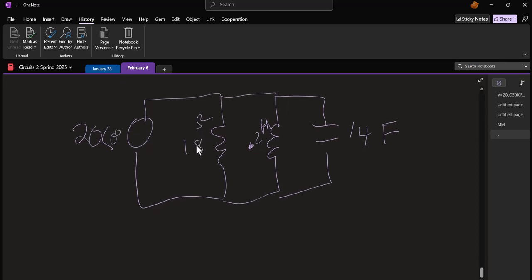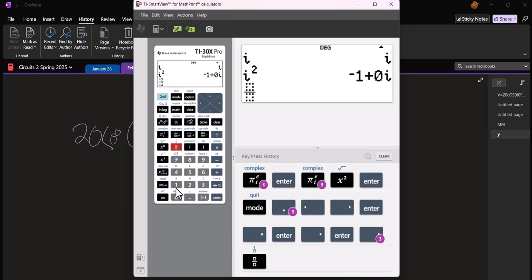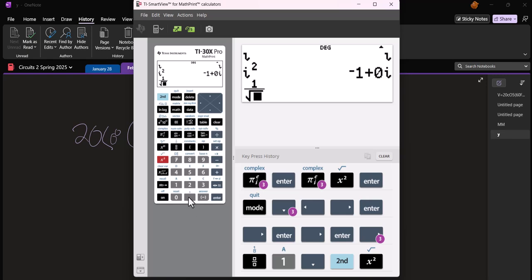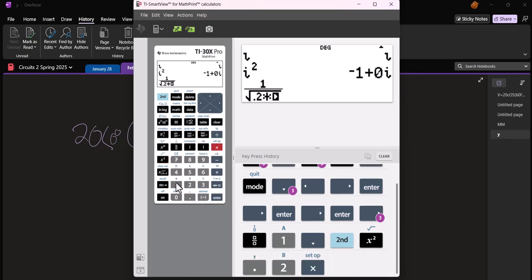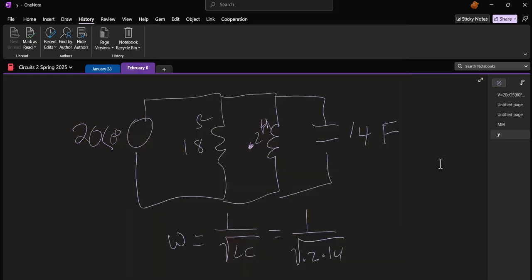So we know that the resonant frequency is 1 over the square root of LC. So it's 1 over the square root of 0.2 times 14, which is 0.597, 0.598.